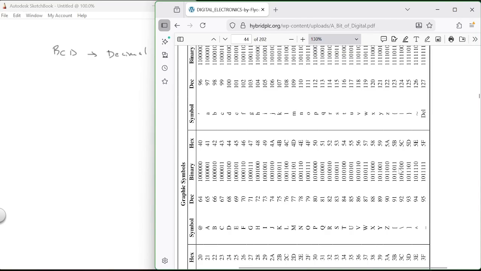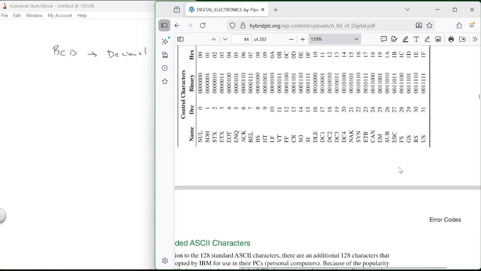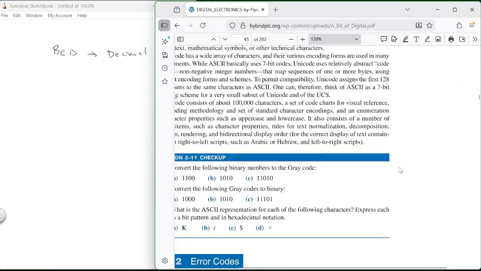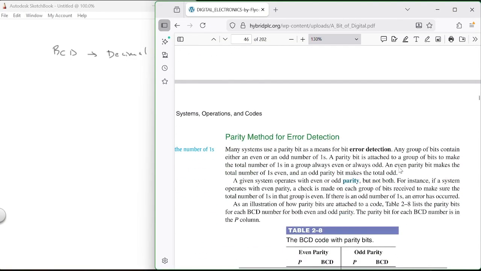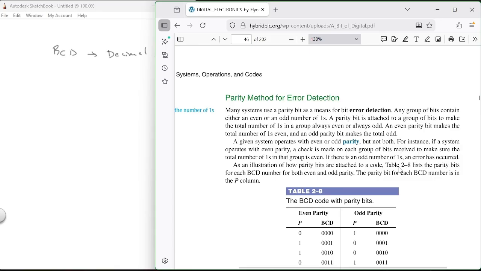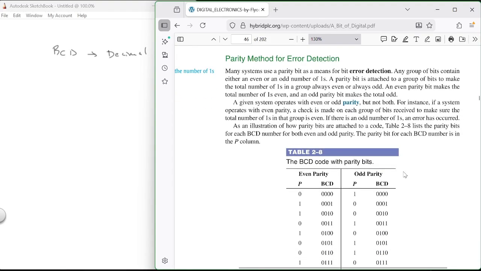Now, let's keep on moving here a little bit. We have a little bit more time. Error codes. Parity. What is parity? Well, if I have even parity, that means that if I have an even number of 1s in my word, I put a 0 out to the side, because you add up all the 1s across plus a 0, you have even parity.